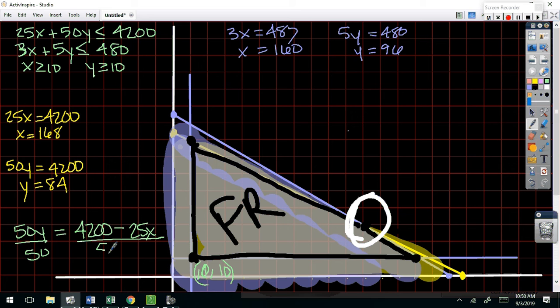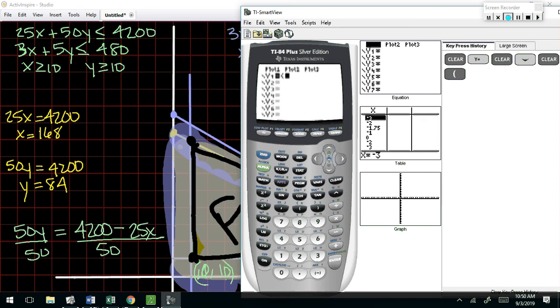I can do this on my calculator just like that. I'm going to open a parenthesis for the numerator because I'm doing some operations in the numerator there. So I'm going to do 4,200 minus 25x, and that entire thing I'm going to divide by 50. That's my first line. Wow.